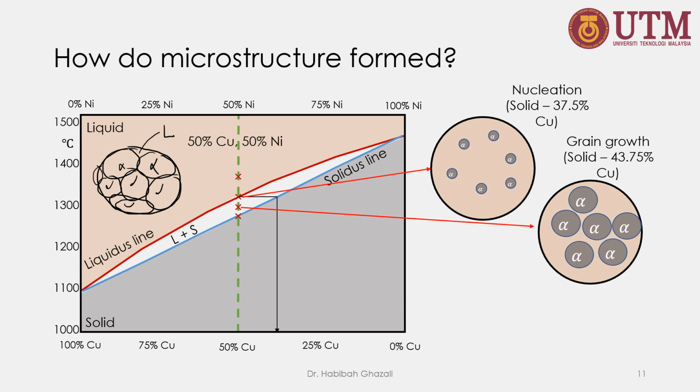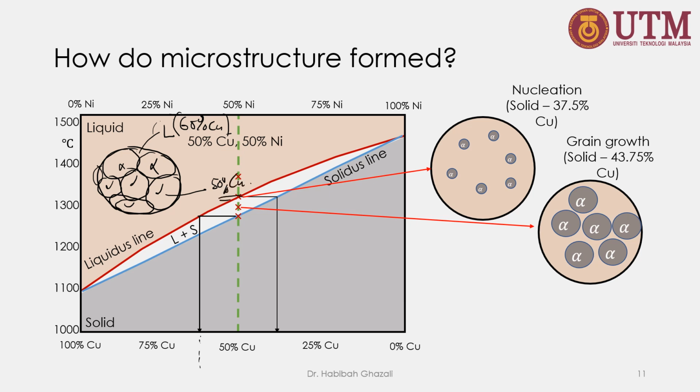And that liquid composition, you can use the tie line as well to determine. That liquid will have a composition of maybe 60% copper, and the composition of the solid at that stage is 50% copper.